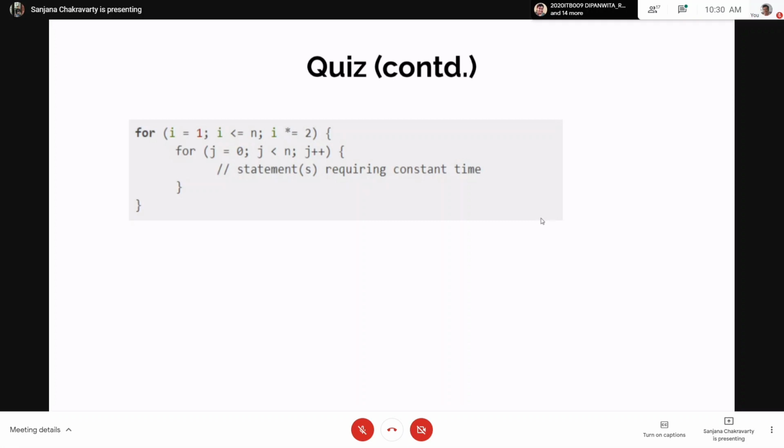Anyone who didn't understand why it's n log n? Please type in the chat if you've understood, then we can proceed. If you don't understand, it's fine. One more explanation, please. Okay, sure.